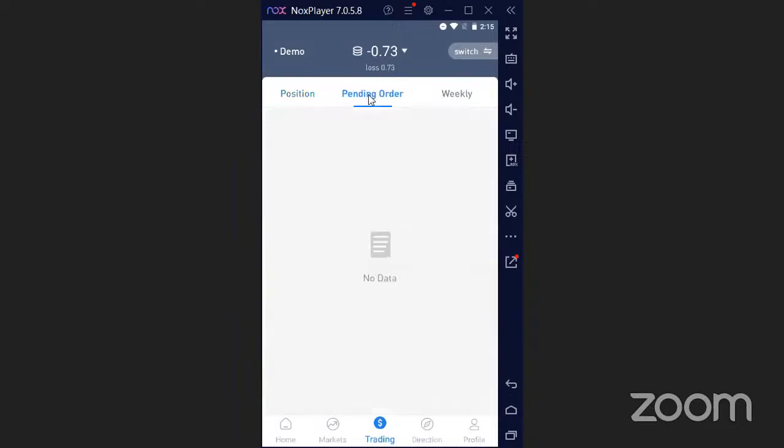Then we also have pending orders. Before you understand what pending order means, you need to understand what pending means. What is a pending? When you say something is pending, what does it mean?